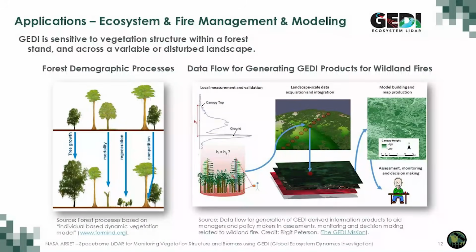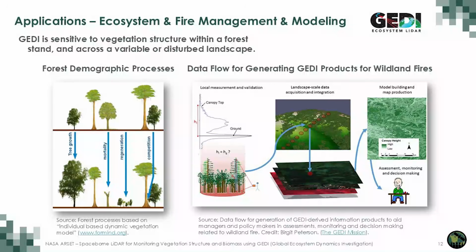GEDI's height metrics and its ability to measure structural complexity make it possible to assess dynamics in vegetation strata, ages, types, in competition, etc., as shown in the leftmost image. From this more in-depth understanding of vegetation, professionals can better inform their efforts in conservation, restoration, habitat modeling, and fire management.